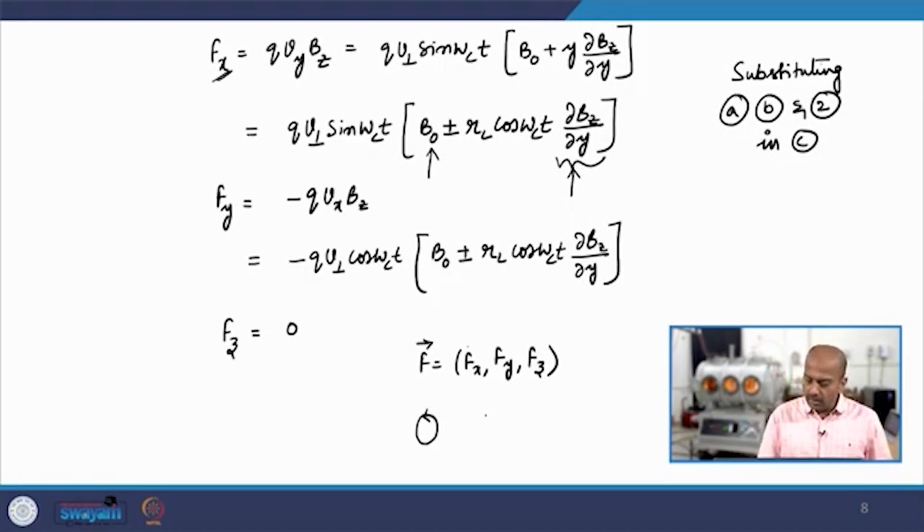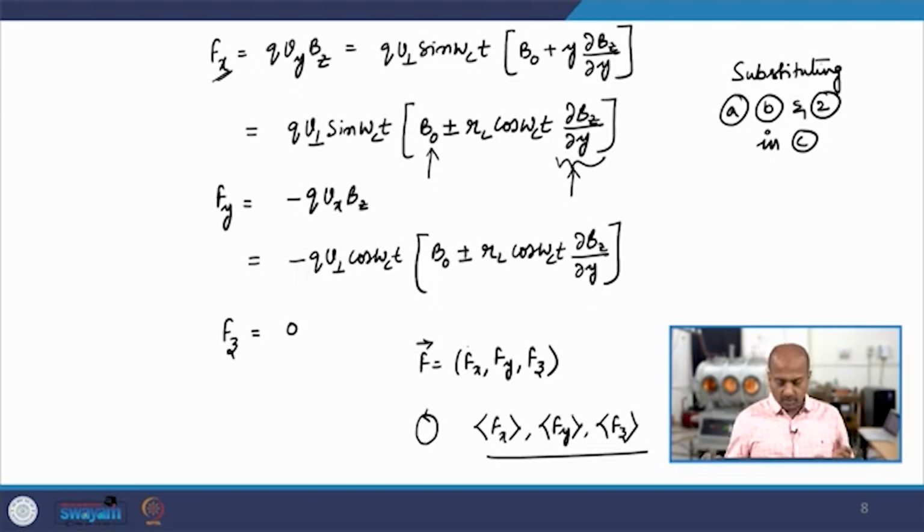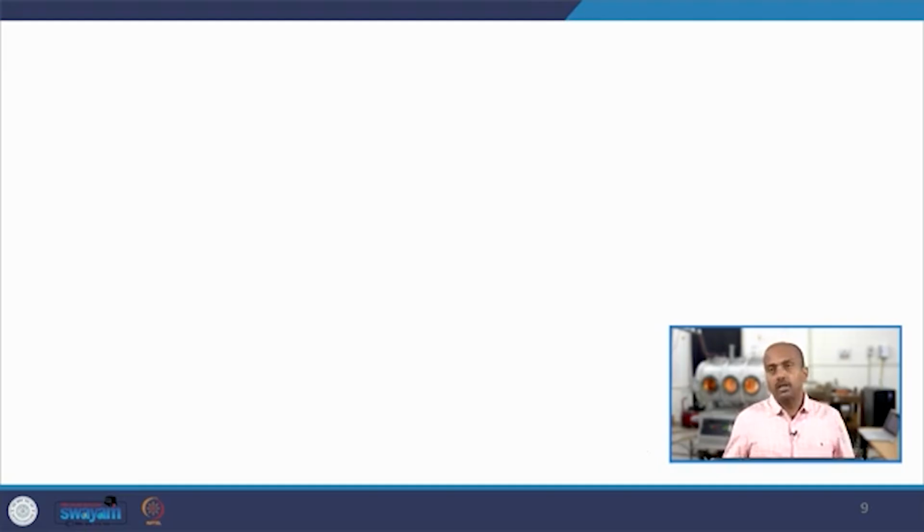If you want to find out the total average force, we have to evaluate the average force Fx, the average force Fy, and the average force Fz.